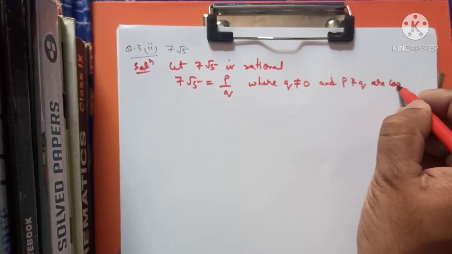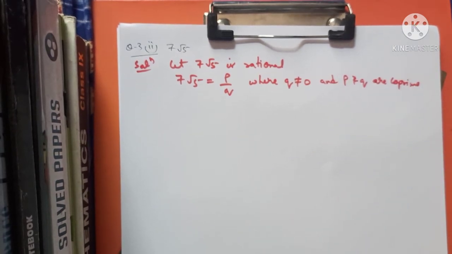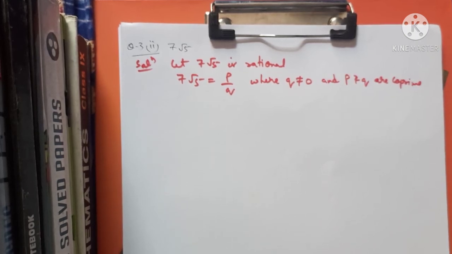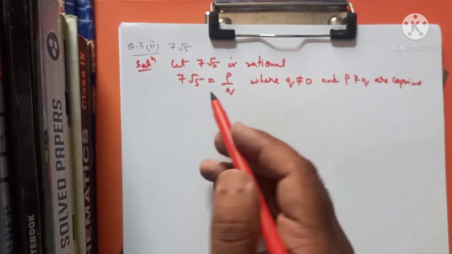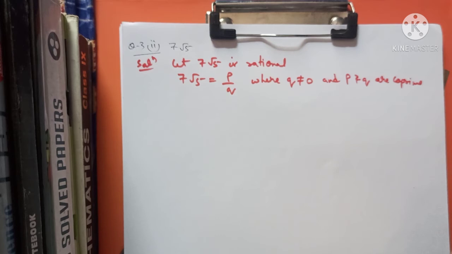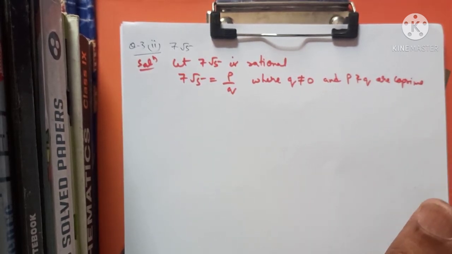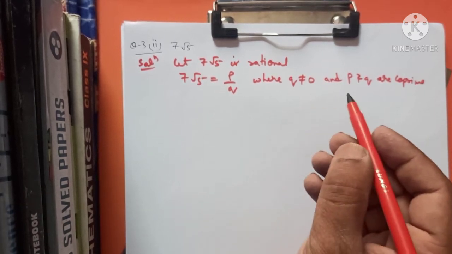If you do not take P and Q co-prime, then also the question will be correct. But I am not doing that, so that you do not confuse. You may confuse where you have to take P and Q co-prime and in which question you don't have to. So it is better to take P and Q co-prime in all types of questions. Then there will be no confusion.